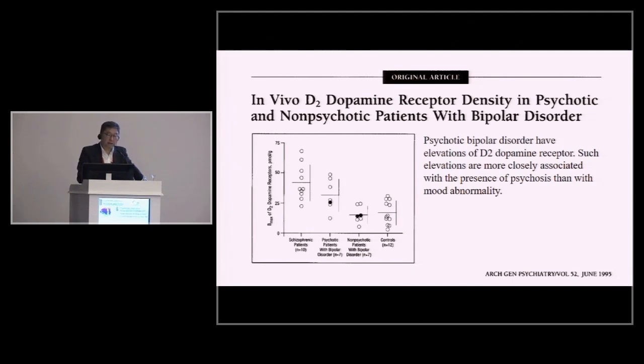They found the dopamine 2 receptor is actually increased in psychotic bipolar, not in non-psychotic bipolar. So this finding makes us comfortable to use second-generation antipsychotics in the treatment of psychotic bipolar disorder.